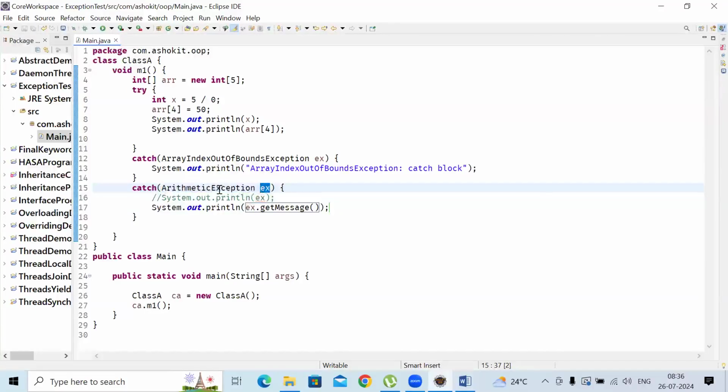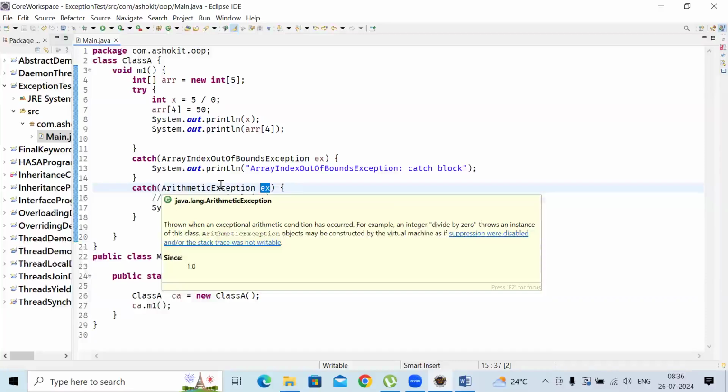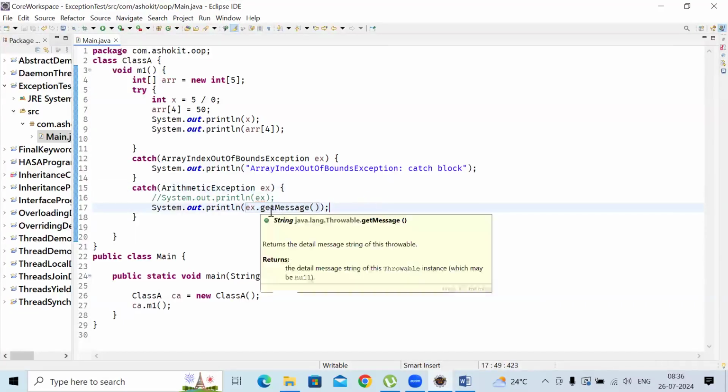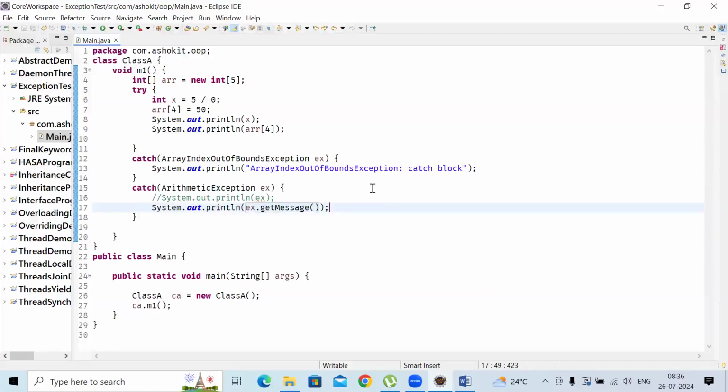This is a parameter. What type of parameter? ArithmeticException, nothing but the exception object. ex dot, what's the method I'm calling? getMessage. Now this will display only the message. See the output.